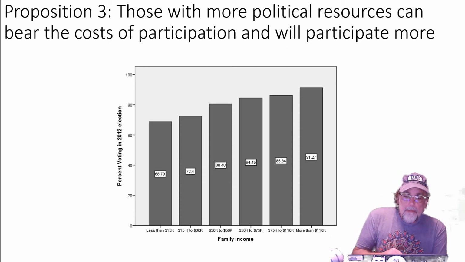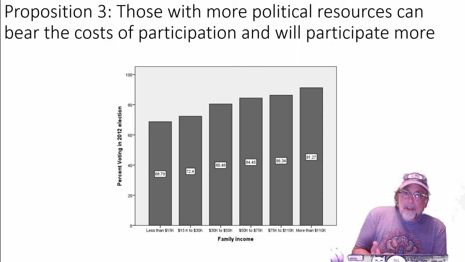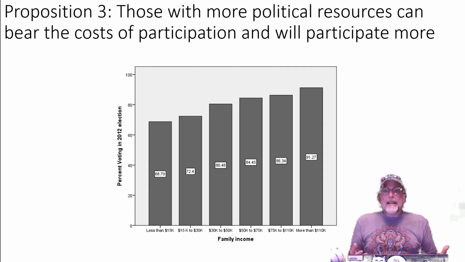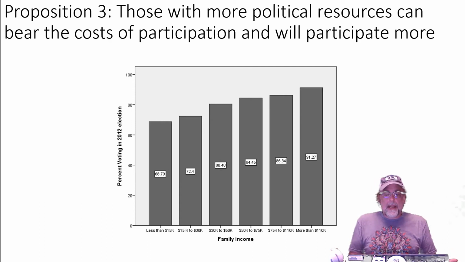Low-income voters are not as likely to vote as high-income voters. Both of these findings seem to support the idea that the more resources you have, the better able you are to bear the cost of participation, the more likely you are to participate.